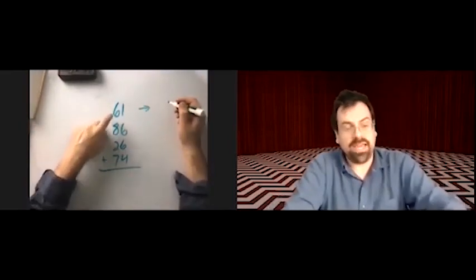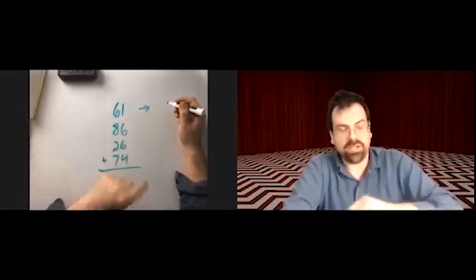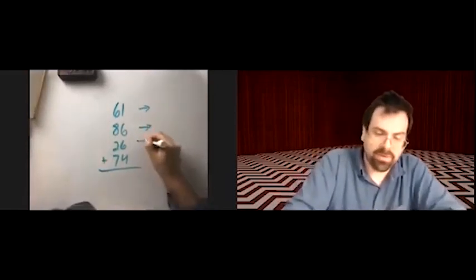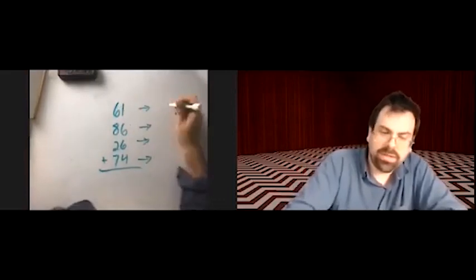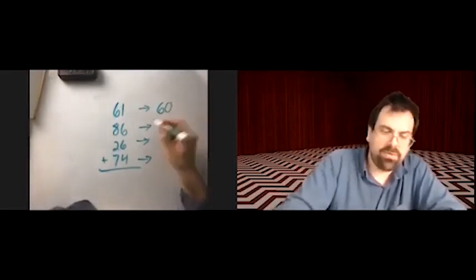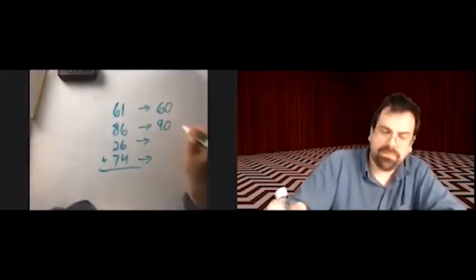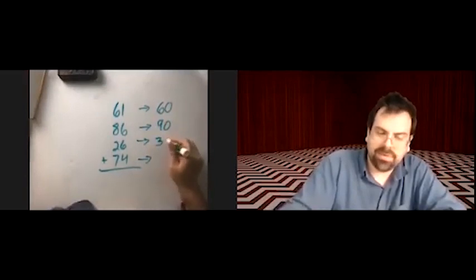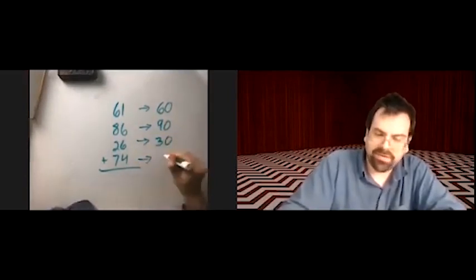So the nearest 10, we'd be looking at the ones spot to determine if it rounds up or down. 61 would round down. 86 would round up. 26 would round up. 74 would round down.